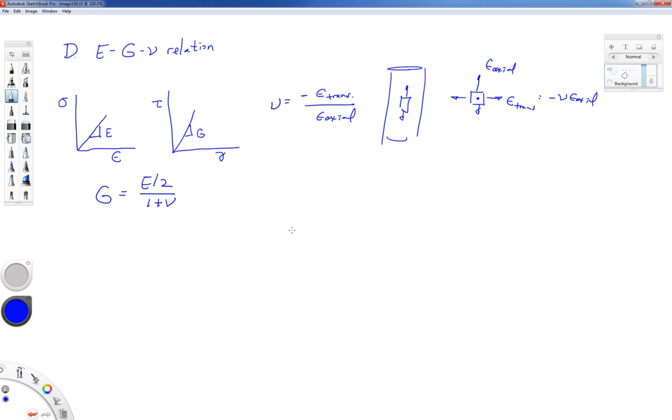There are some restrictions to using this formula, however. We need to have what's called an isotropic material. The prefix iso means the same, tropic means direction. We need a material that behaves the same in every direction, or approximately so.